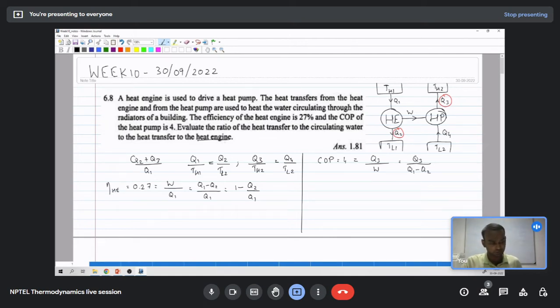Both the works are the same for the heat engine and the heat pump. So for the COP expression I can write Q3 by Q1 minus Q2, and this is 4. Finally, we need to find Q2 plus Q3 by Q1.